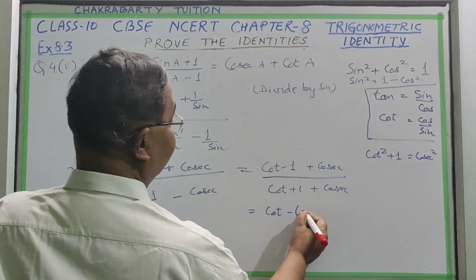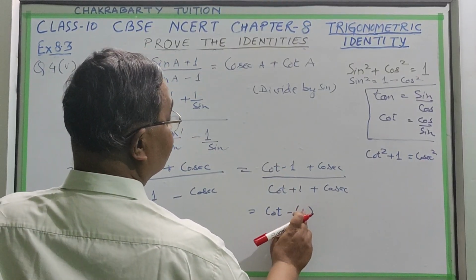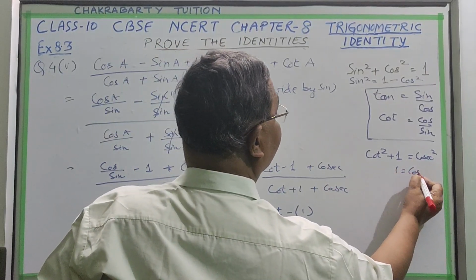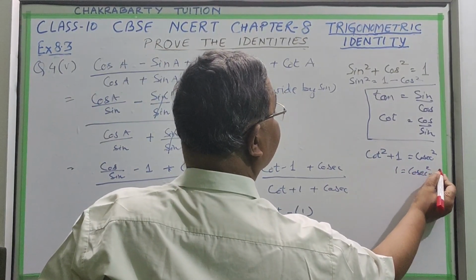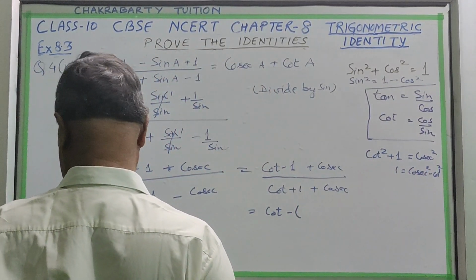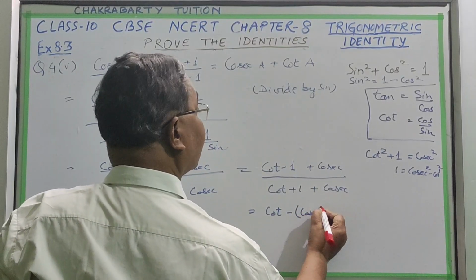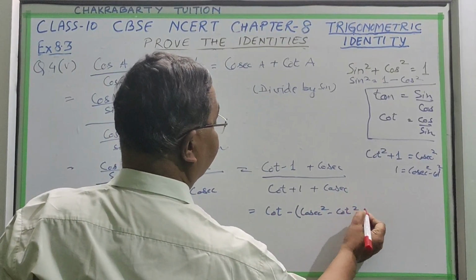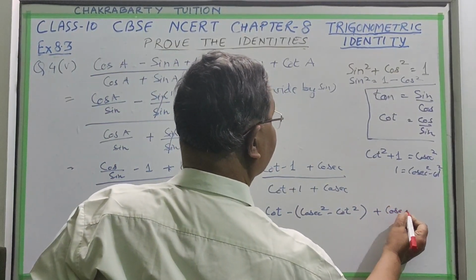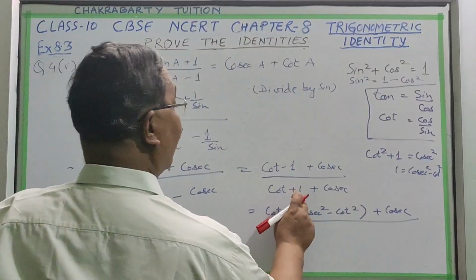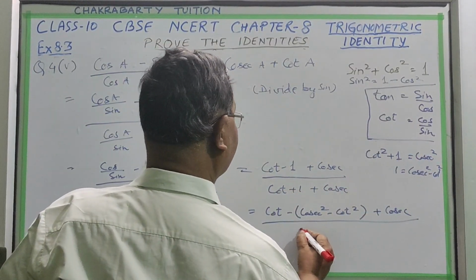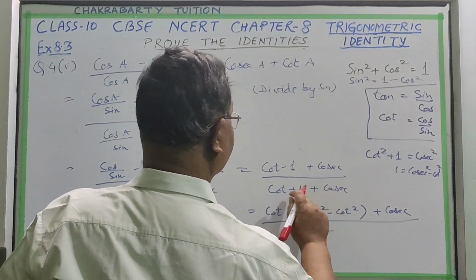If 1 is positive, we can write this 1 equal to cosec square minus cot square. Okay, this we can write here: cosec square minus cot square, plus cosec upon cot plus 1, where cot plus 1 is equal to cosec square. Cosec square plus cosec.